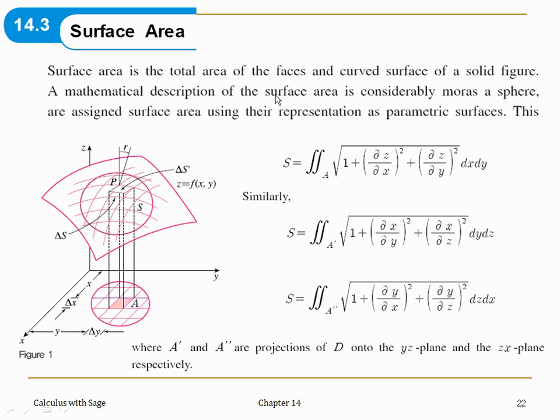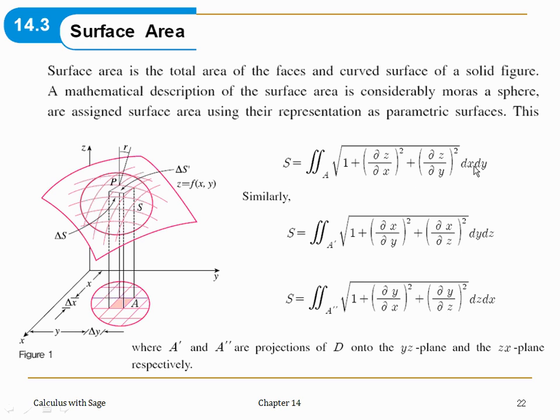Mathematical description of the surface area is considerably more involved for a shape such as a sphere, assigned surface area using their representation as a parametric surface. So for finding the surface area, it can be formulated in this way.